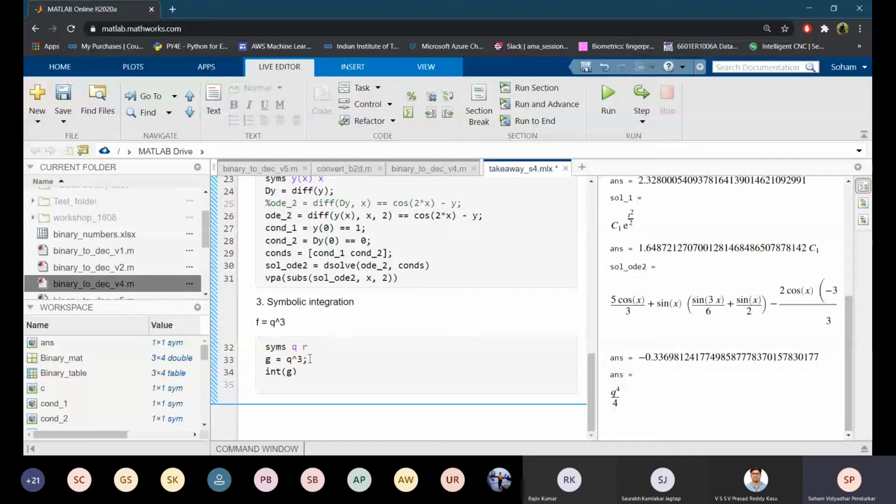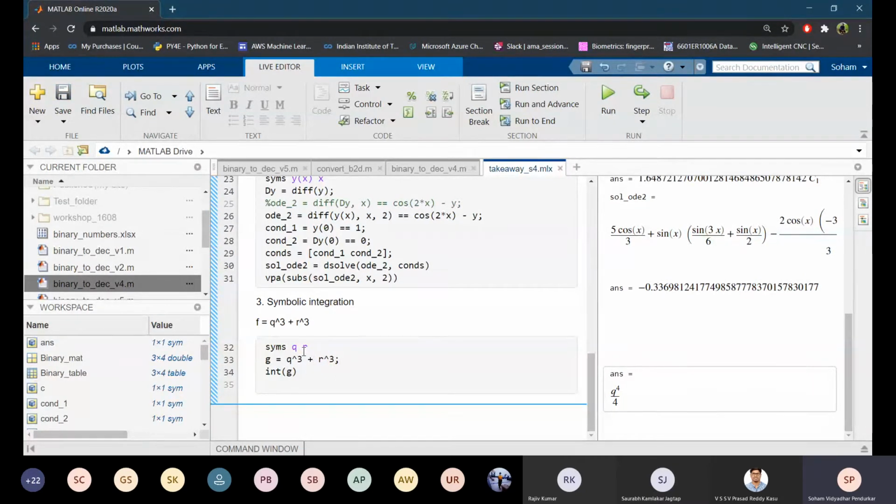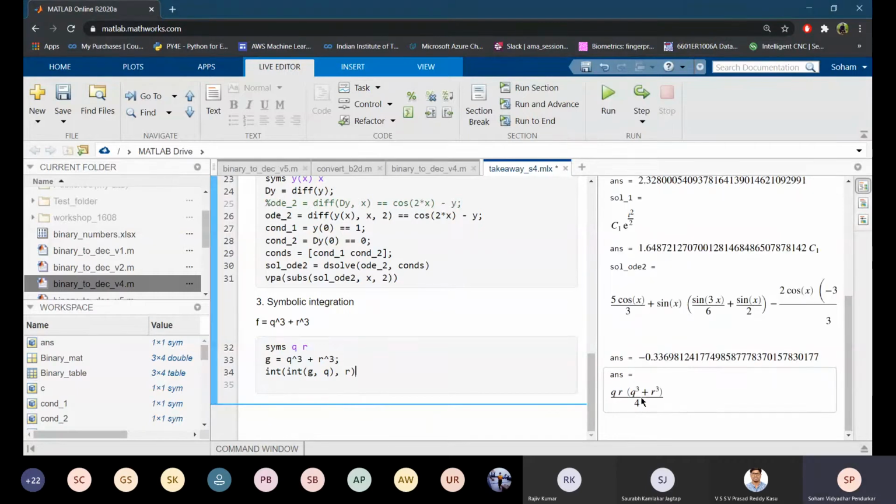So this is very simple. Let's include the q and r part, plus r cube, and now I want to double integrate. Double integration first with respect to q, and then with respect to r. So first I'll integrate with respect to q, and put this inside the integral with respect to r. Now I'll integrate and see the resulting answer.